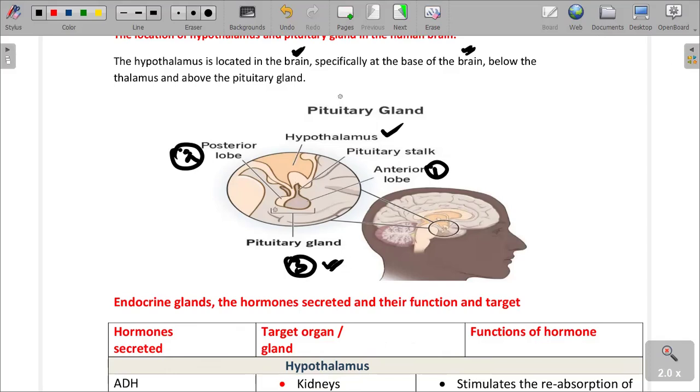So this whole diagram is identifying the pituitary gland and also the hypothalamus.